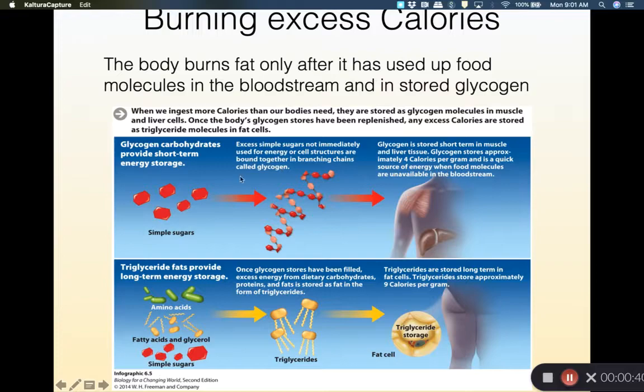So it first has to deplete the sugar, these glycogen molecules that are stored in muscle tissue and in the liver, before it starts to use the energy in the long-term storage in the fat cells. So again, thinking through what is actually happening in the body when we talk about burning calories.